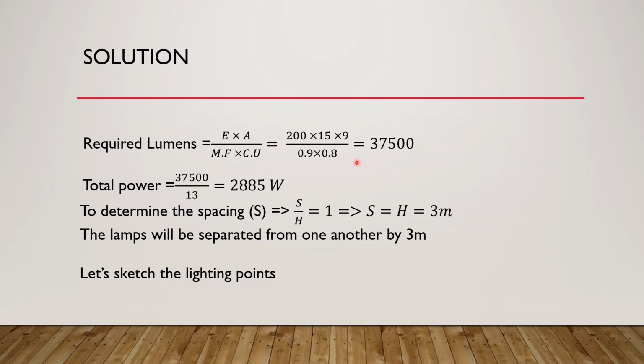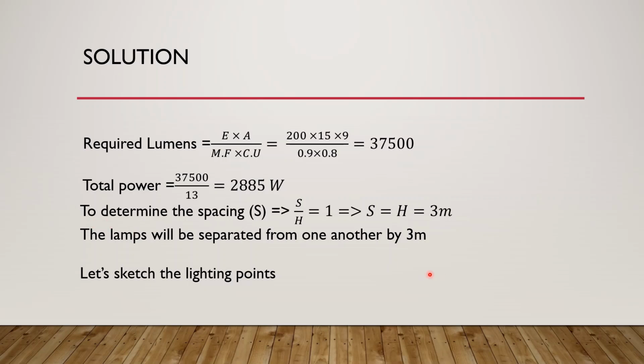Since the efficiency of the lighting is 13 lumen per watt, and we have 37,500 lumen, you can get the total power, which is the lumen divided by 13 lumen per watt. That will give us 2,885 watt in total.